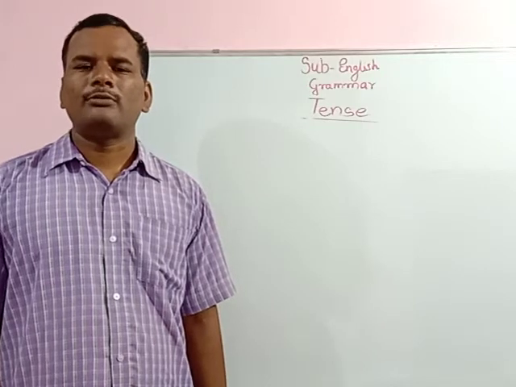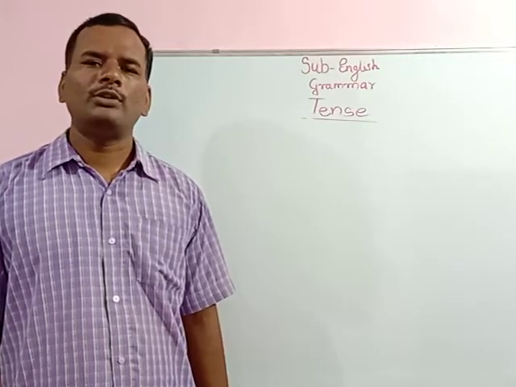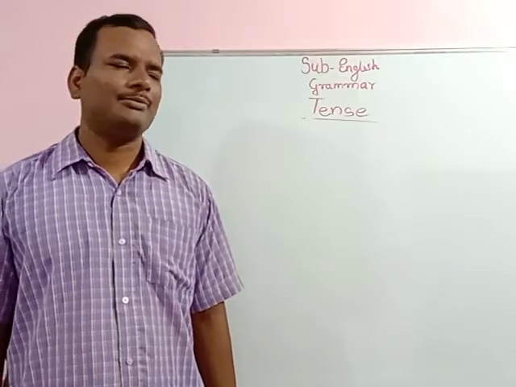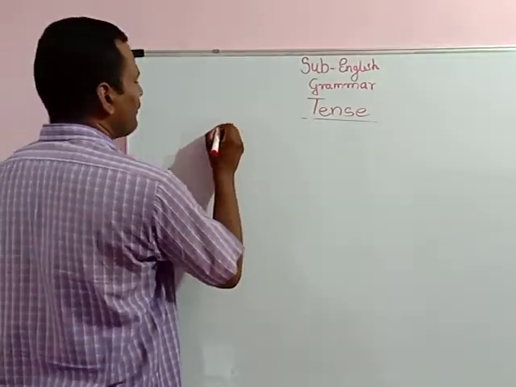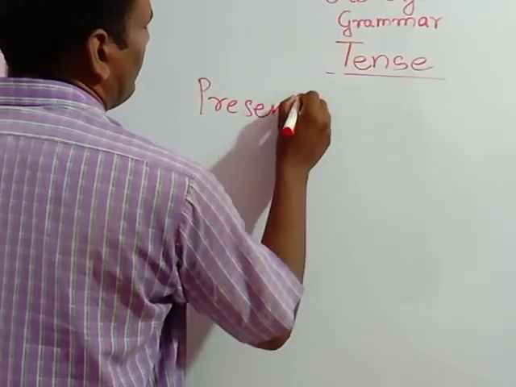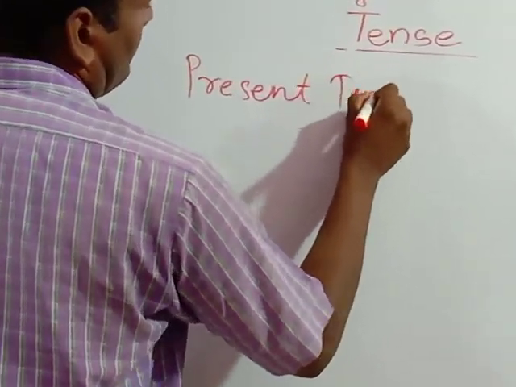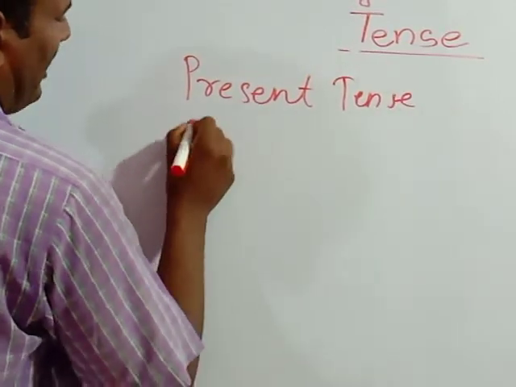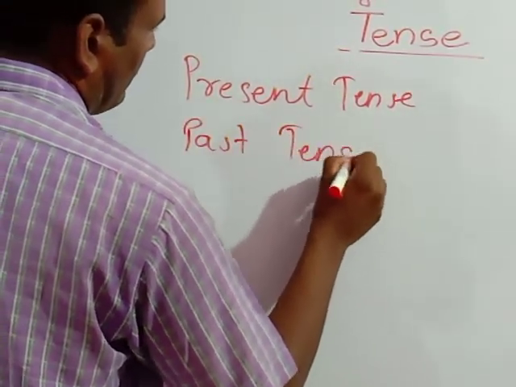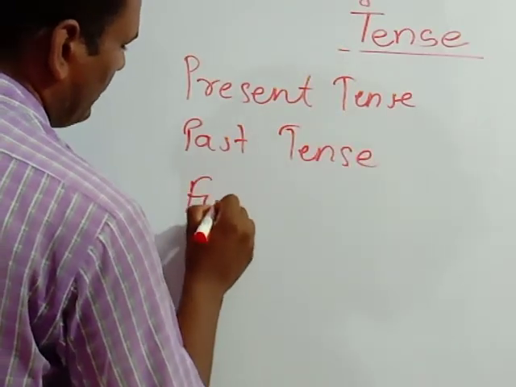First of all, you also need to know that tense is classified into three types, such as present tense, then past tense, and future tense.